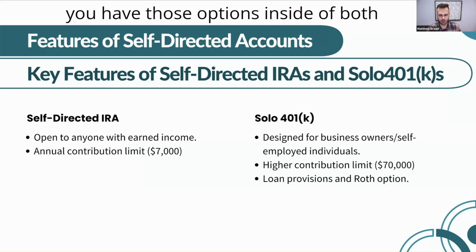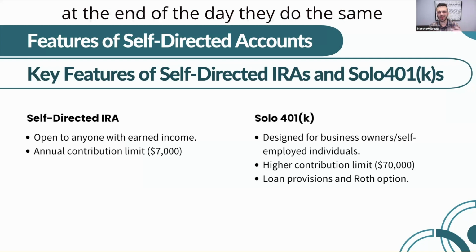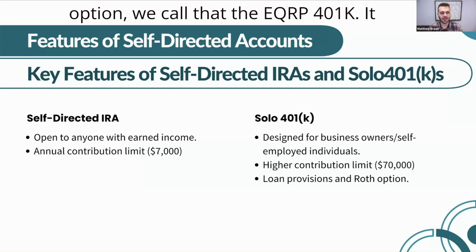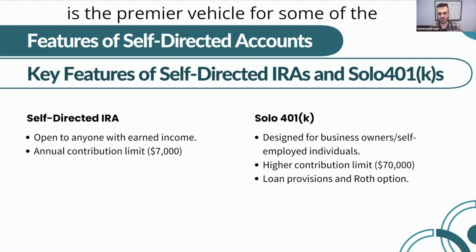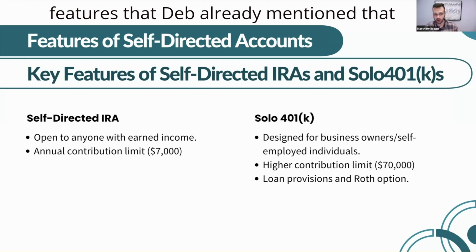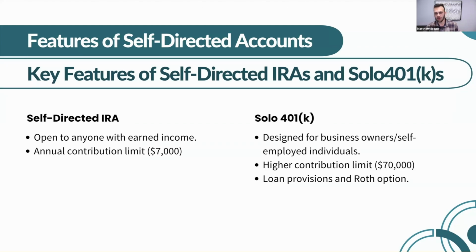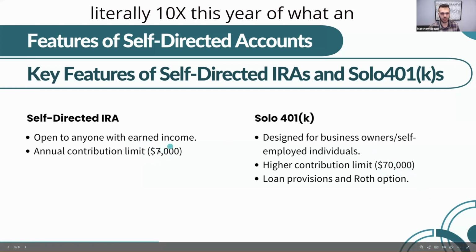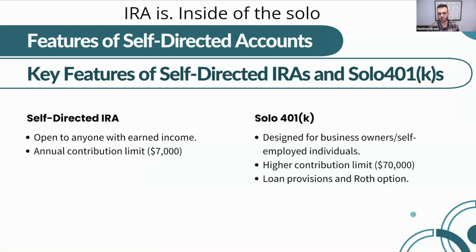You have those options inside of both accounts. I like to preface with that: at the end of the day, they do the same thing, but in our opinion, the solo 401k option, we call that the EQRP 401k, is the premier vehicle. One feature I'll elaborate on is the contribution limit, which, as you can see, is literally 10x this year of what an IRA is.